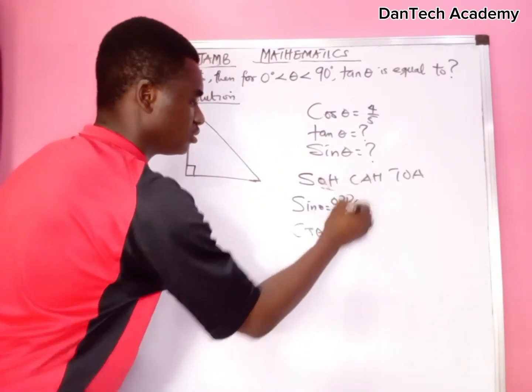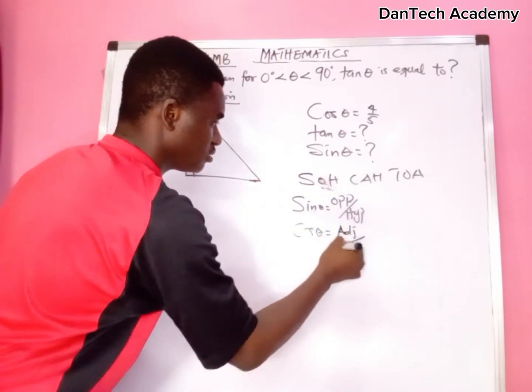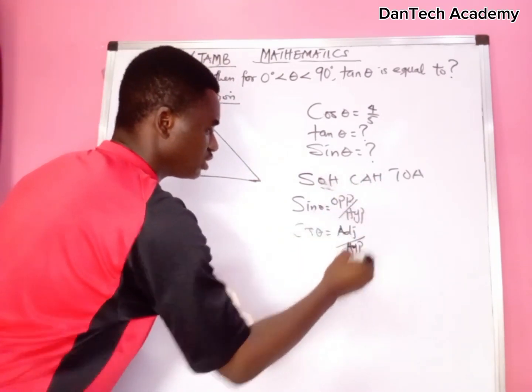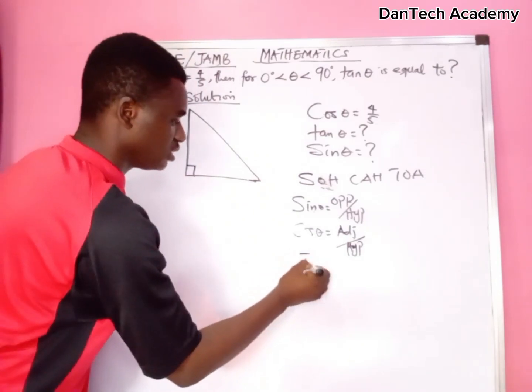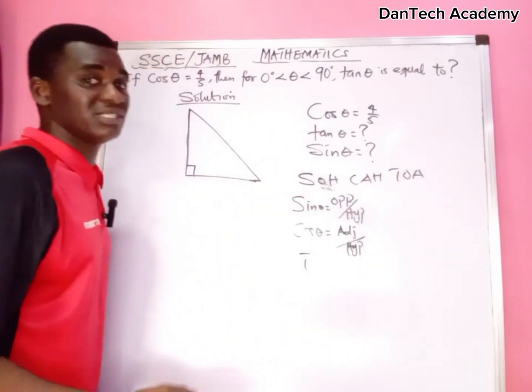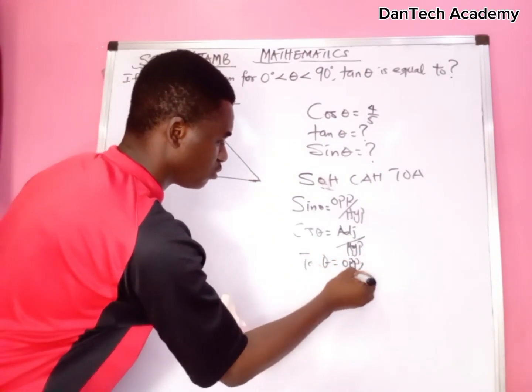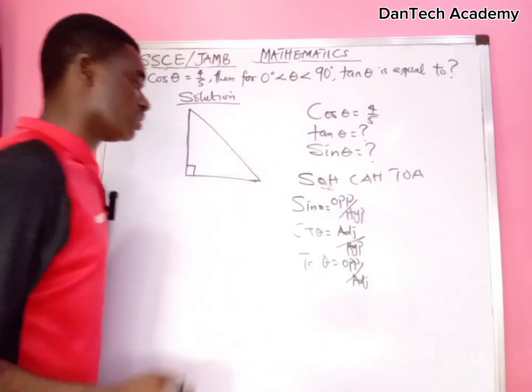It means your adjacent over hypotenuse. The A here means adjacent, and the H here means hypotenuse. And the next one here, your TOA, means tan theta is opposite over adjacent. I guess that is clear now.